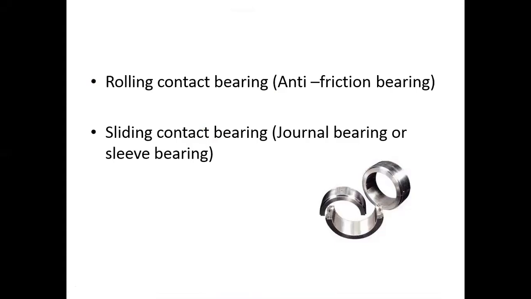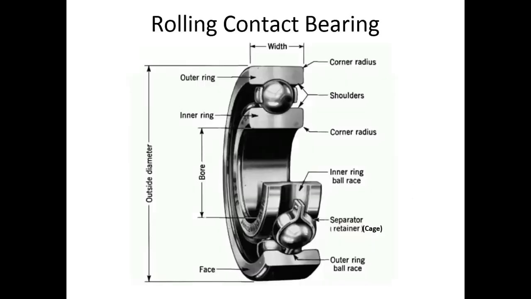Why? Because in the sliding contact bearing, the sleeve or journal is used to contact the bearing and support the moving element, whereas in the rolling contact bearing a ball is used as the contact element or support element to support the moving elements.